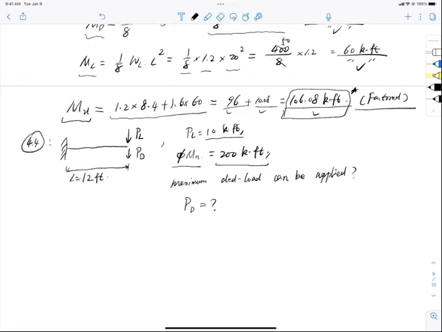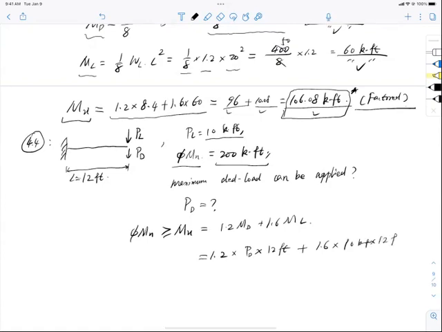So you look at this problem, you say, well, I don't know how to solve it, but I know that the design equation reads phi Mn has to be greater than or equal to Mu, and that is 1.2 MD plus 1.6 ML, and that is 1.2 PD multiplied by 12 feet plus 1.6 P live, that is 10 kip per foot, multiplied by 12 feet, right?